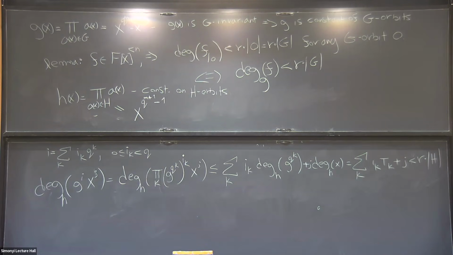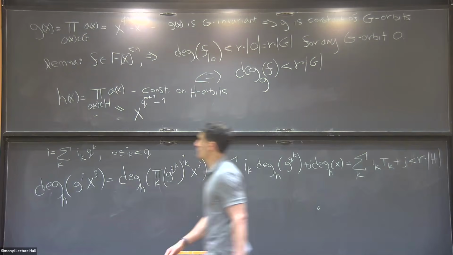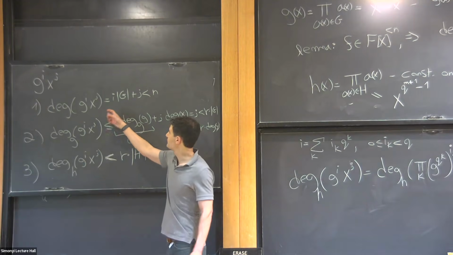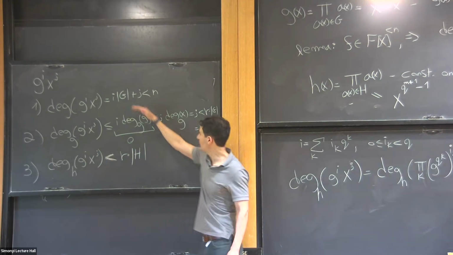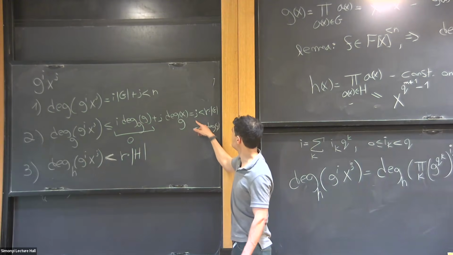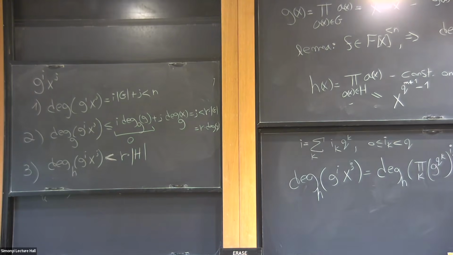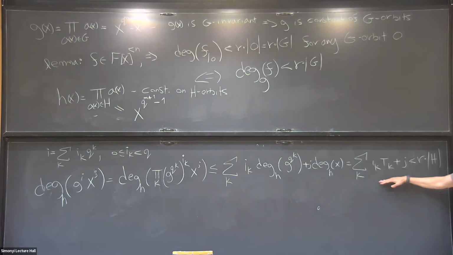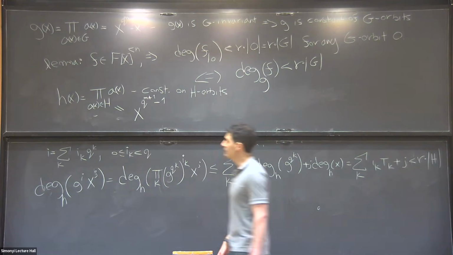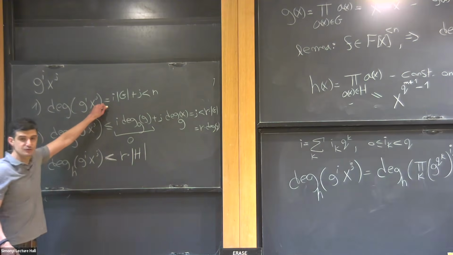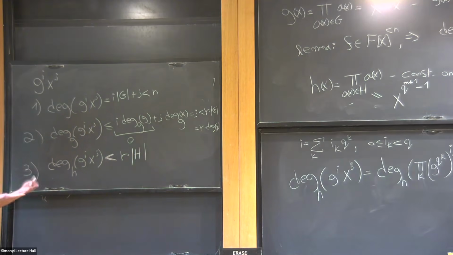So I have 3 constraints. I'm trying to count the pairs I, J that satisfy this linear constraint, that J is less than this, which is easy, and this linear constraint. Now, how do I evaluate this? I claim that I can ignore this constraint. Why? Because what is my goal?